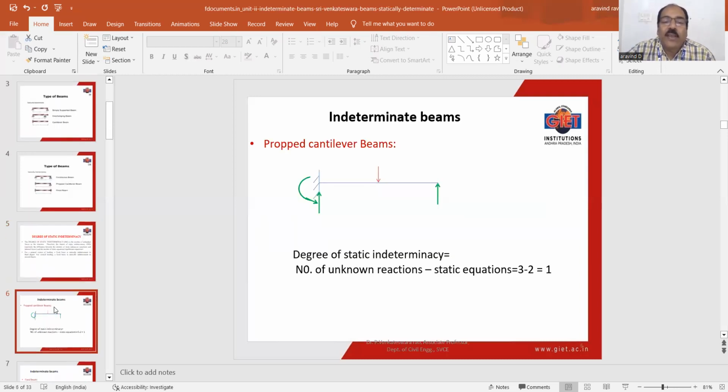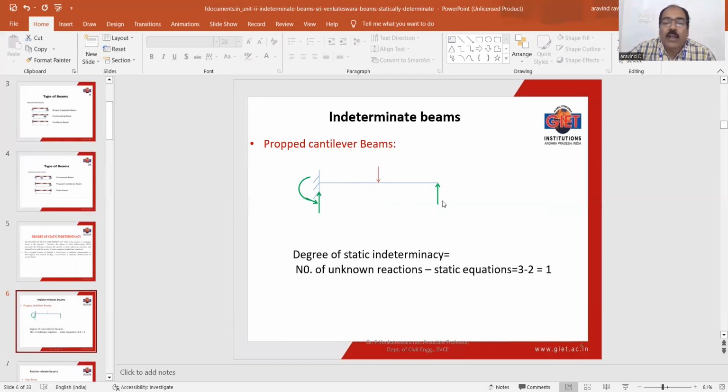Now you just see how to calculate this degree of static indeterminacy. For example, propped cantilever beams. In this case, the unknowns are the vertical reaction and a moment at the fixed support, and a prop reaction.